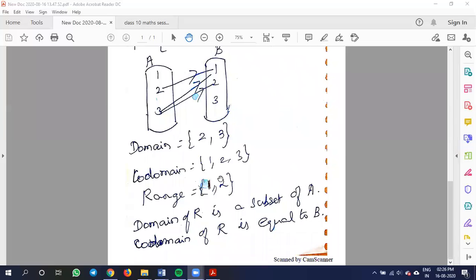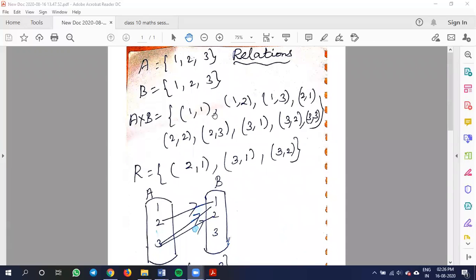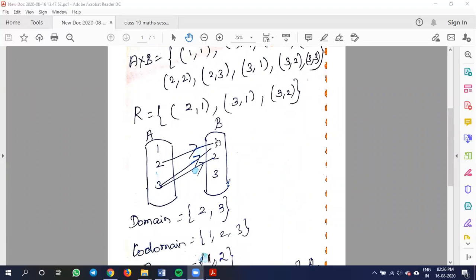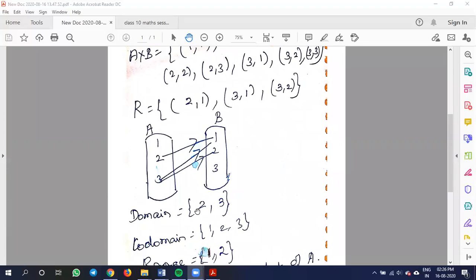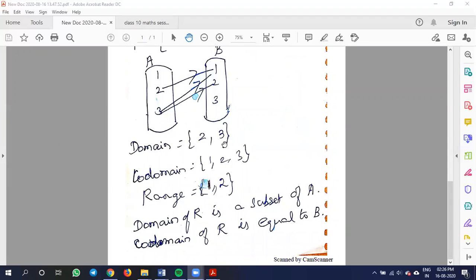In general, the domain of R is a subset of A, {2, 3}. What do you have in the set A? You have 1, 2, 3. So domain is a subset of the original set A. Then codomain of R is equal to B. We wrote all the elements of B.